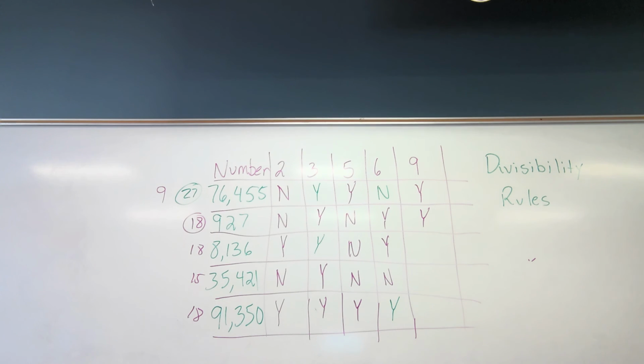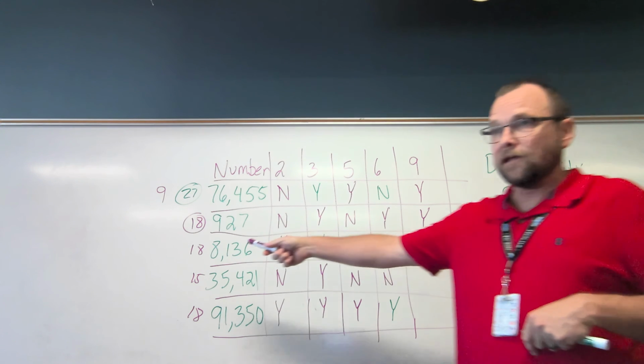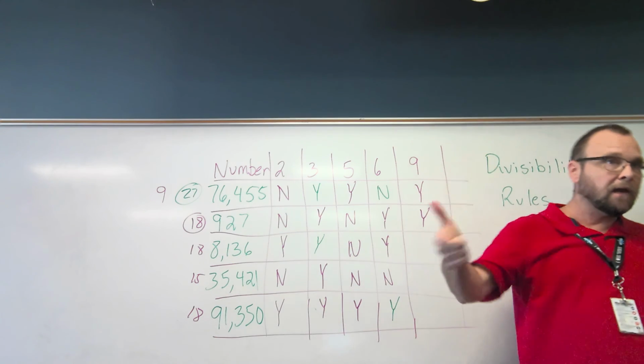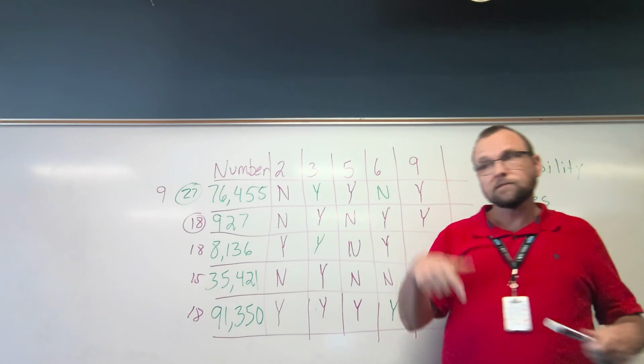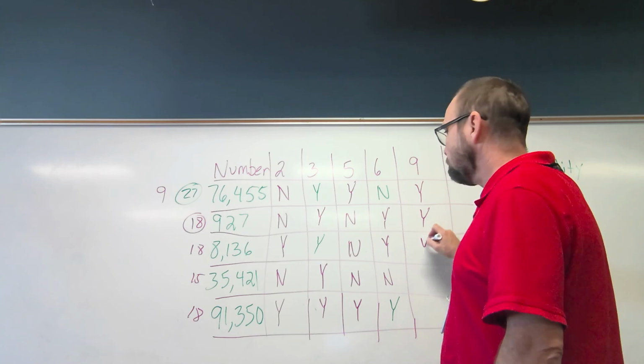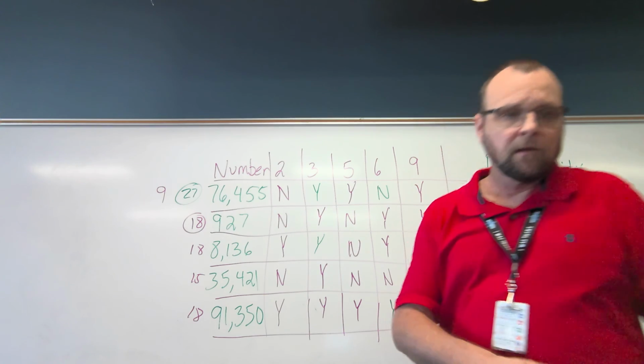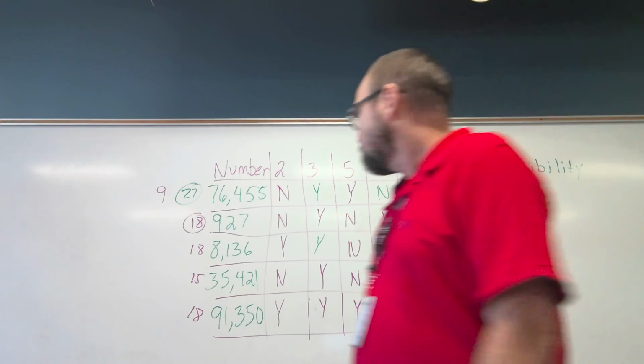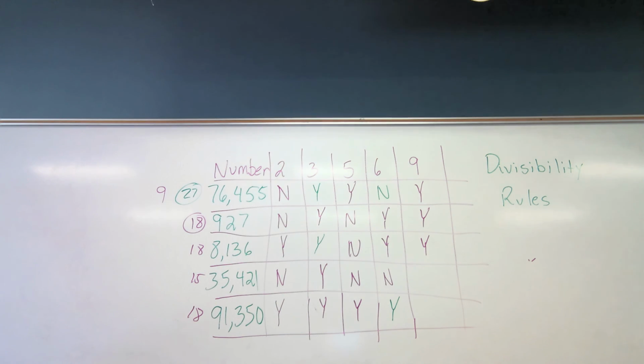Ryan, 8,136. Is it divisible by 9? Yes. The sum of the digits is 18. I go 9, 18. That's times 2. So yes. 35,421. Is that divisible by 9, Janessa?